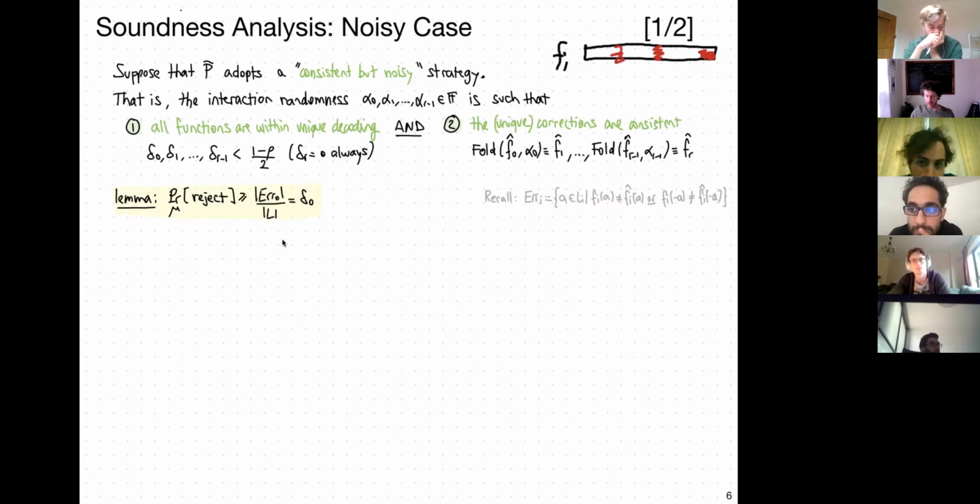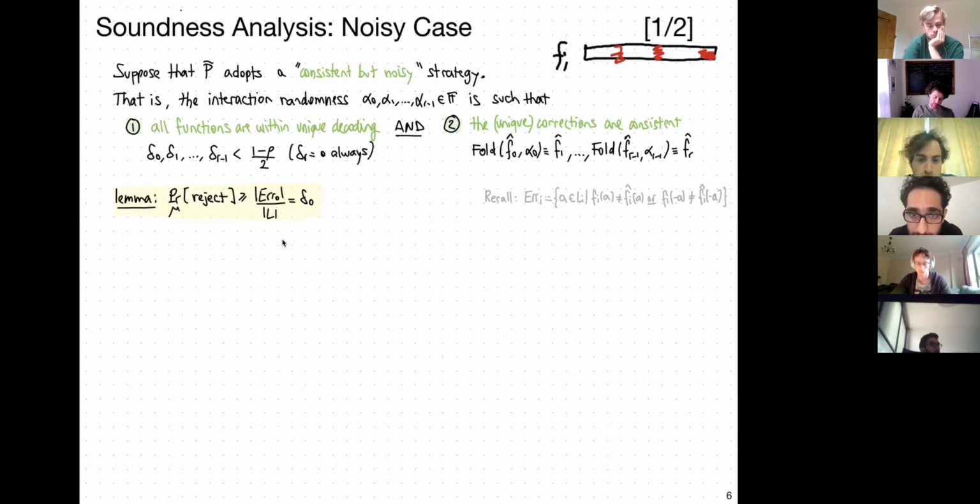Okay? And so the error set would be all of these points where the function doesn't agree with its correction, but it's done in this coset structure. So it's enough that it happens with x or with minus x.